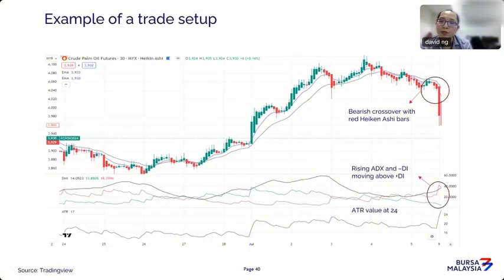You don't want too tight a stop loss, because whenever the market whipsaws, you get stopped out quite frequently, and that causes a lot of commissions and slippage. You don't want that to happen. So be prepared when the ATR value goes higher, because the buffer for your stop loss is going to be bigger.